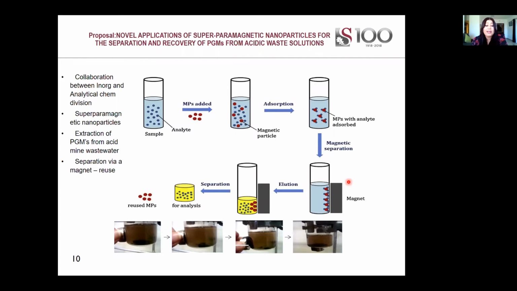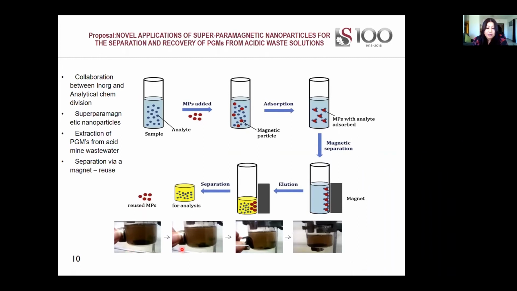This was 8 years ago when we proposed this PhD project, because we wanted to see, would these unmodified magnetic nanoparticles be able to actually extract metals from acid mine wastewater, and then obviously we will remove it with a magnet and try to desorb it so that we can recover our metals and then reuse our magnetite nanomaterials. So that was the plan.